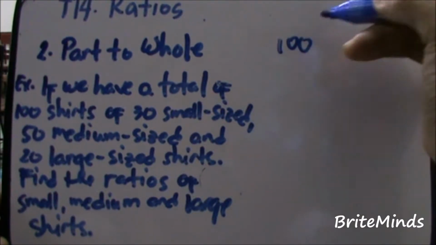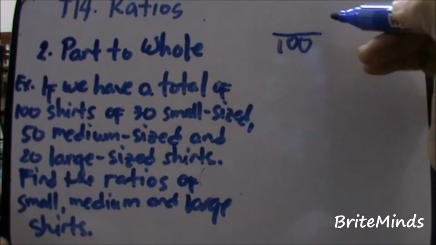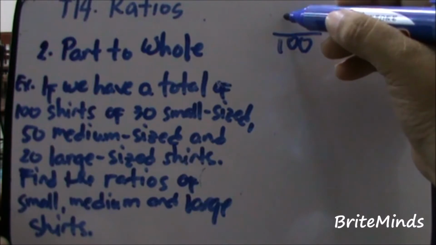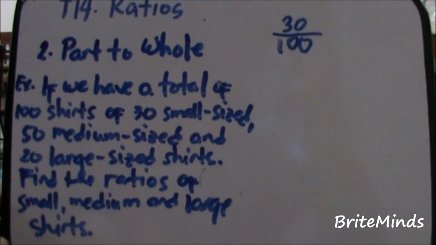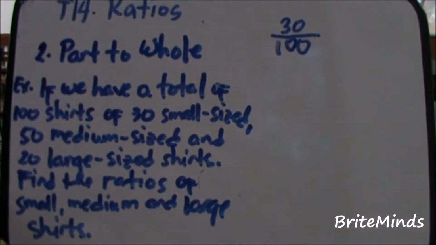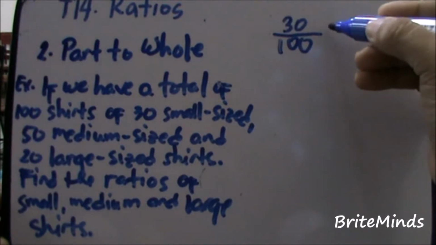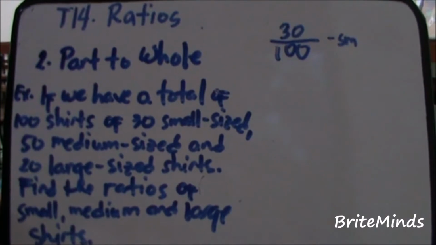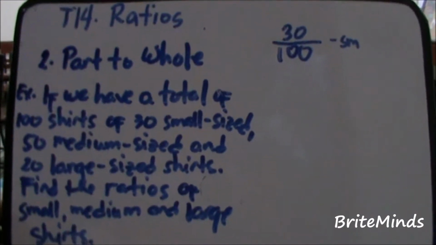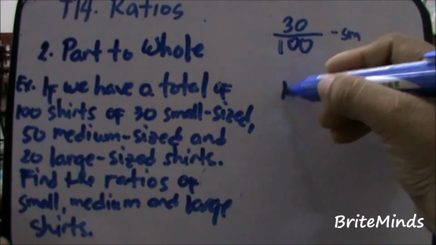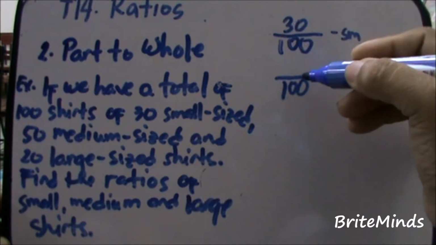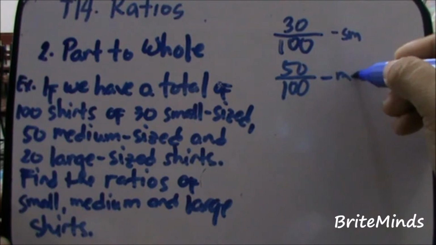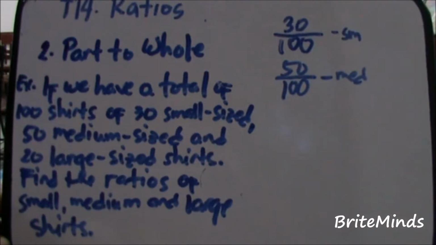Out of 100 shirts, there are 30 small-sized shirts. Out of the same quantity, there are 50 medium-sized shirts.